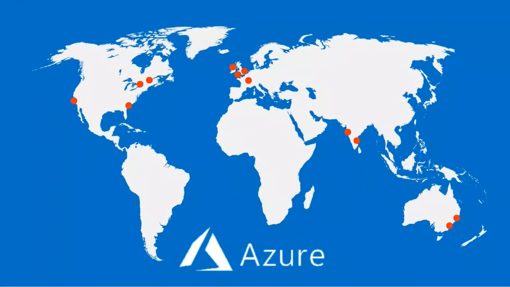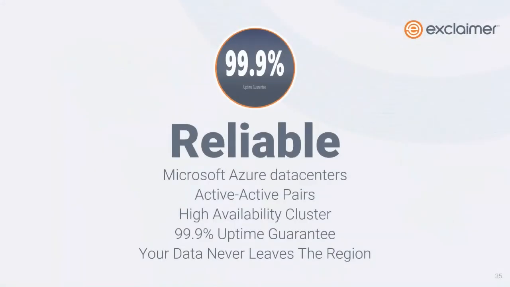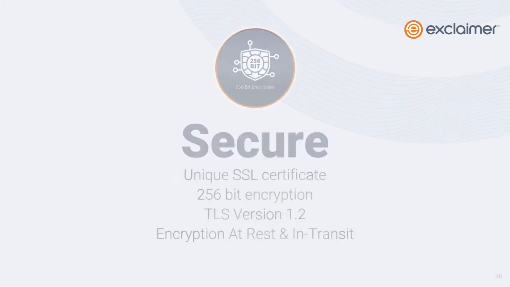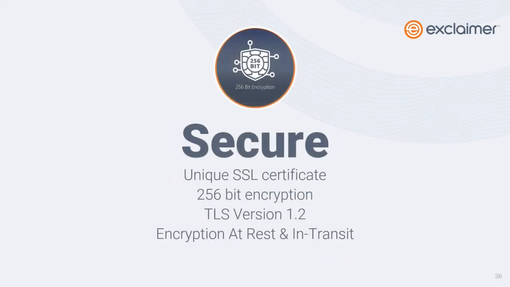We're hosted worldwide, and that includes Australia, where we have 2 data centers in an active setup, a high availability cluster, thus meaning we can provide a 99.9% uptime guarantee, whilst also providing the guarantee that data never leaves that region. We're a secure service utilizing quite industry standard ways of encrypting traffic, and that's of course happening both at rest and in transit.